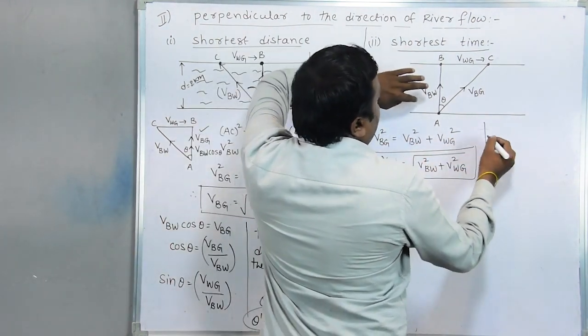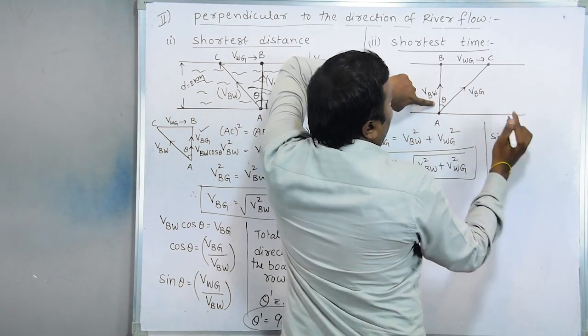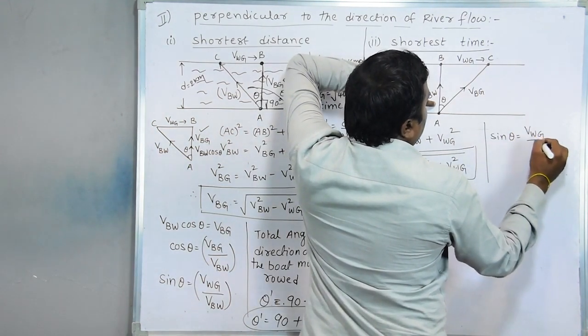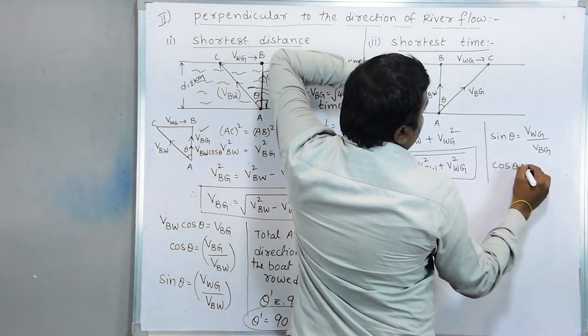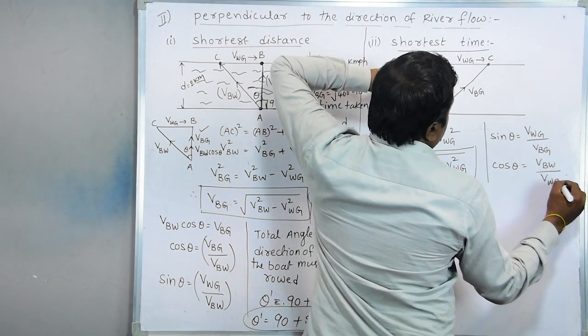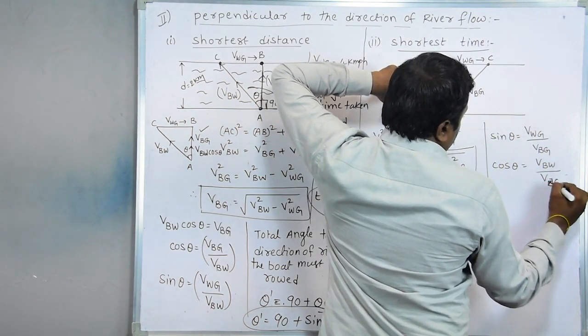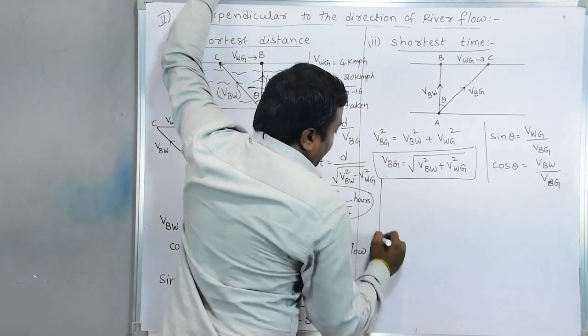Okay, sin theta you take here, sin theta is equal to opposite V_WG by V_BG hypotenuse. Cos theta is also V_BW by V_BG.